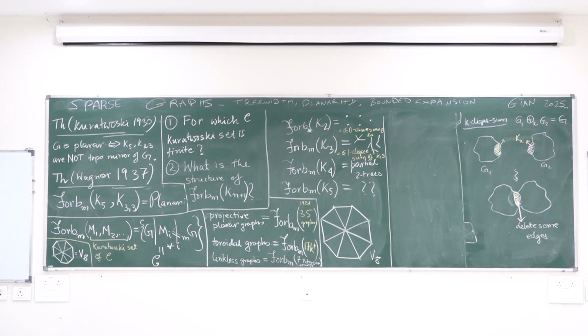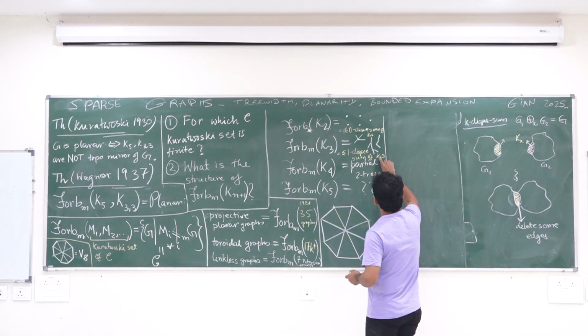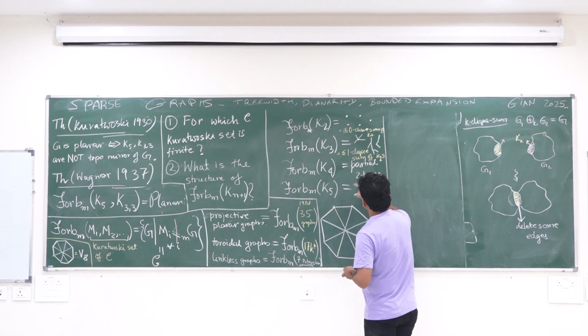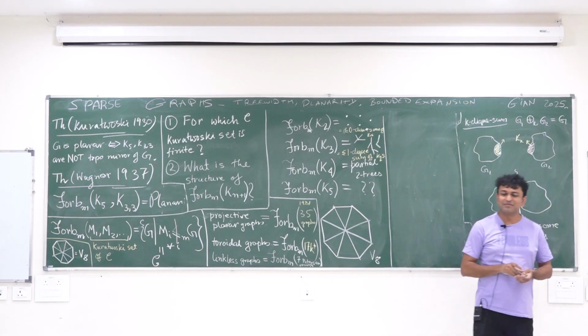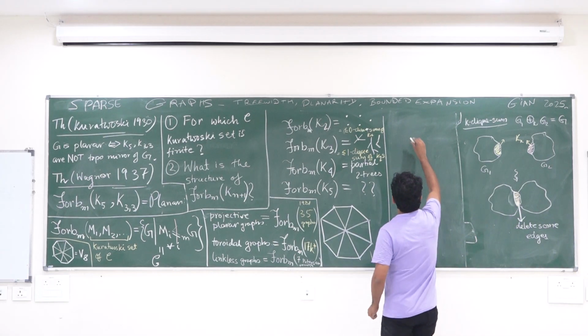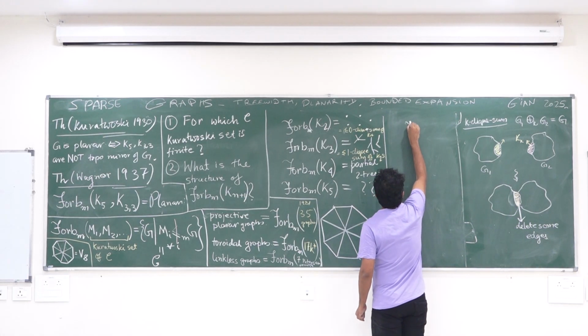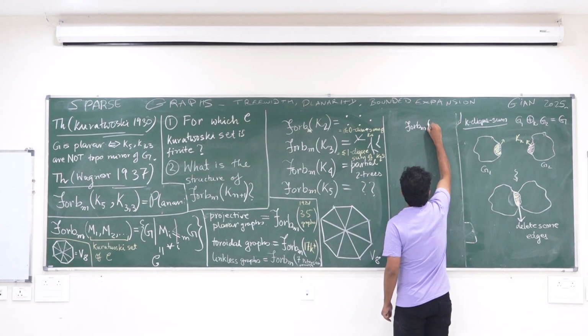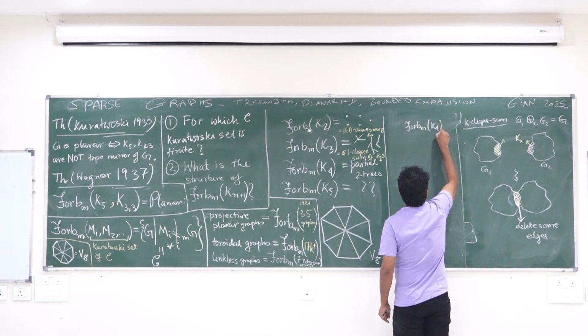So how about the next one? Forbidden K4? K2s. Yeah, sorry. You're right. K2s. So how about this? Can I make a similar comment? So what will be the things that forbid the minor K4?